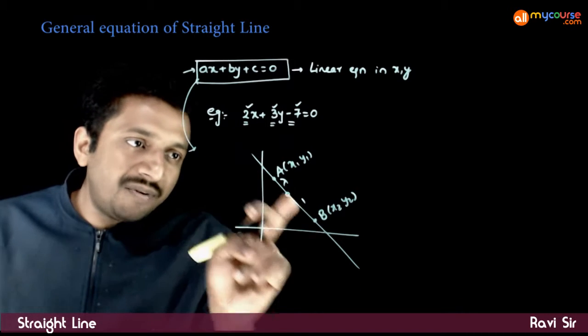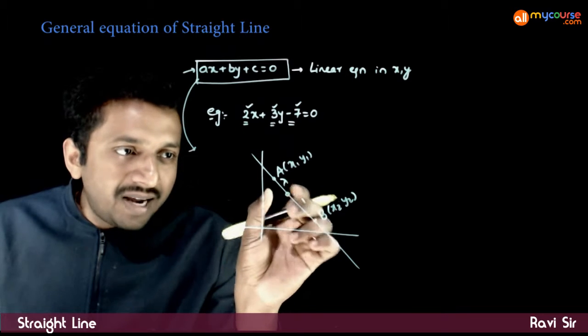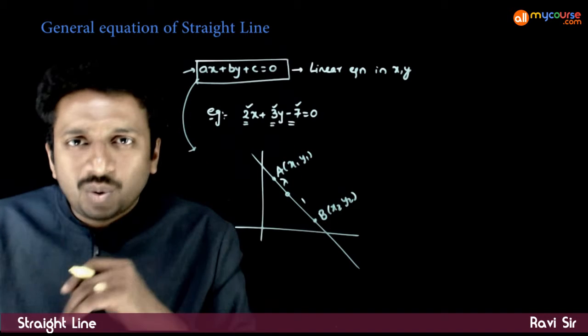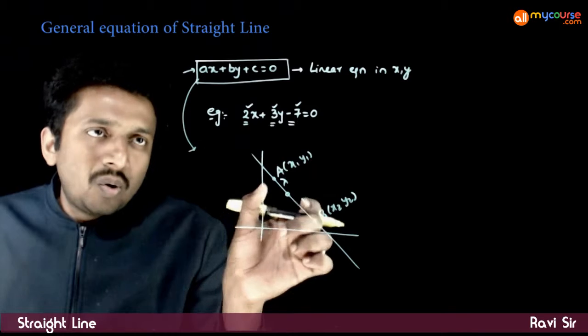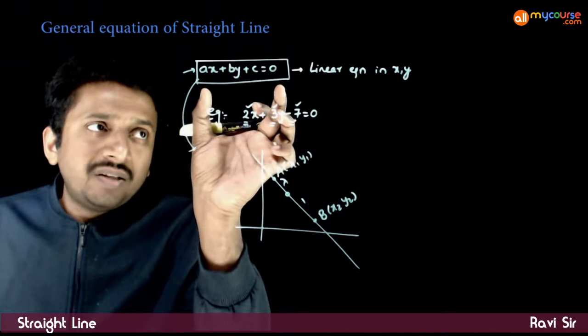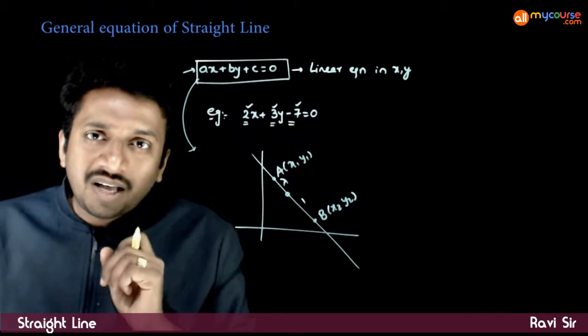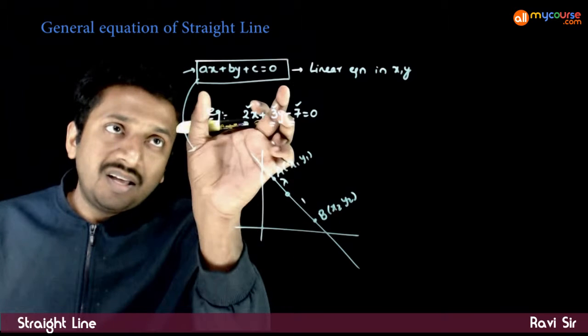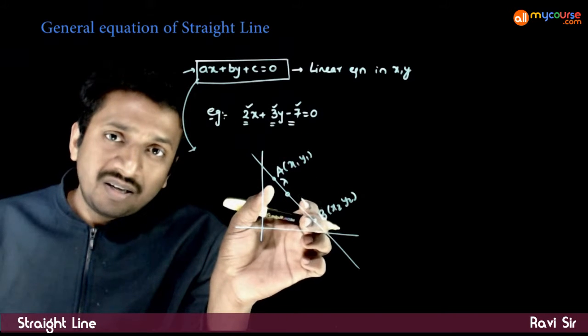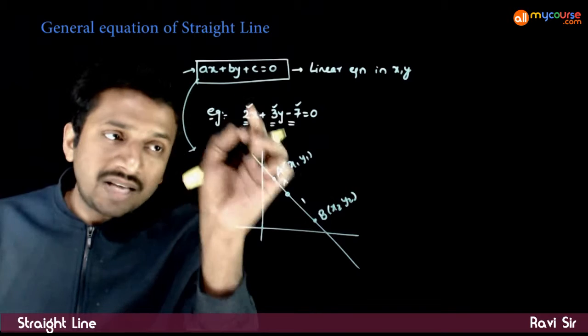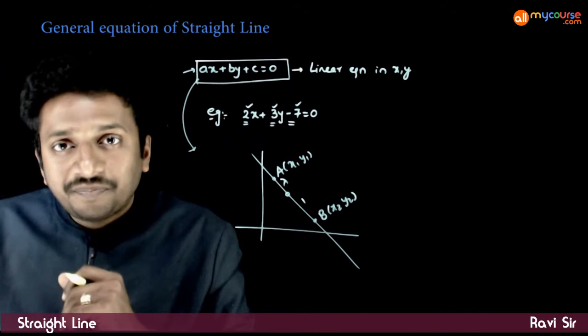As you can see, every point on this straight line divides AB in some ratio lambda is to 1, right? So if you want to prove that this equation represents a straight line, we can think of it like this. If this equation satisfies these 2 points, it also satisfies every other point on this line.